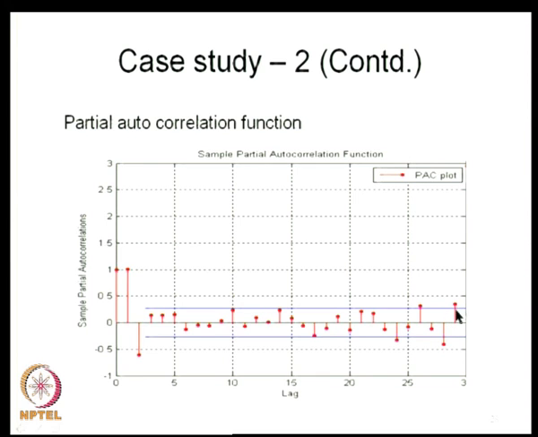These two are just above the significance bands. But typically you can say that lag 1 and 2 are significant. So, you may suspect this to be an AR2 process.